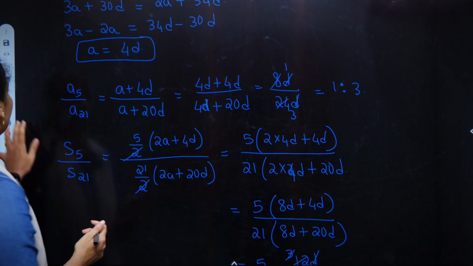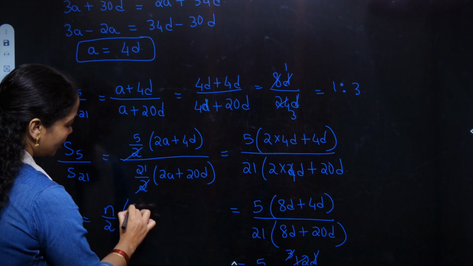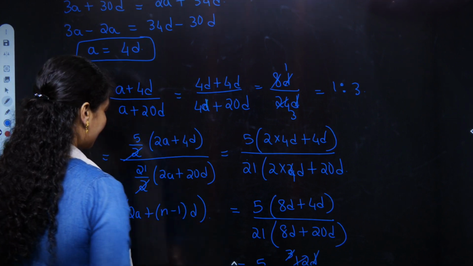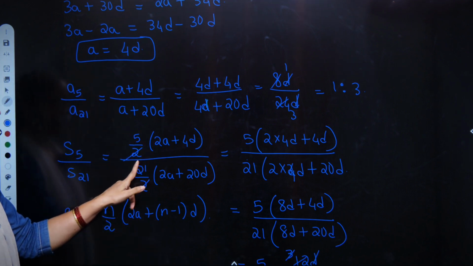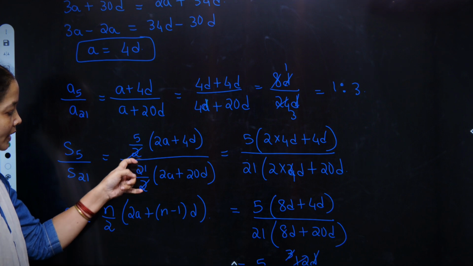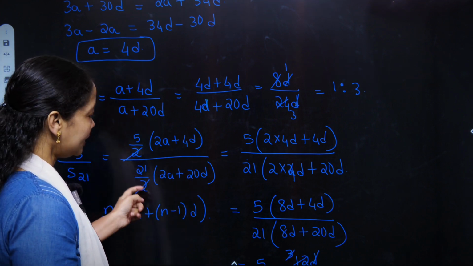What is the Sn formula? We know that Sn is equal to n by 2 into 2A plus n minus 1 into D. Once I substitute n as 5, it will be 5 by 2 into 2A plus 4D. If I substitute n as 21, it is 21 by 2 into 2A plus 20D. The 2 and 2 in the denominator are getting cancelled.